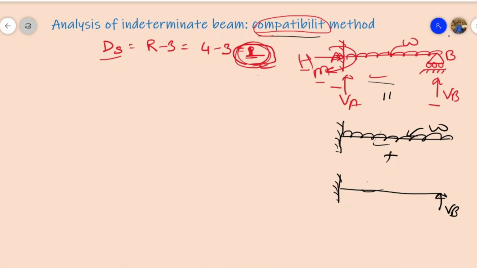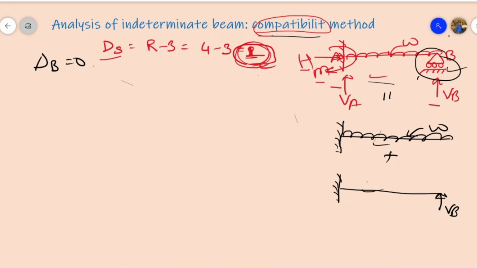Since this support is a roller support, the net deflection at point B we can say is 0, means delta at B equals 0. Why?